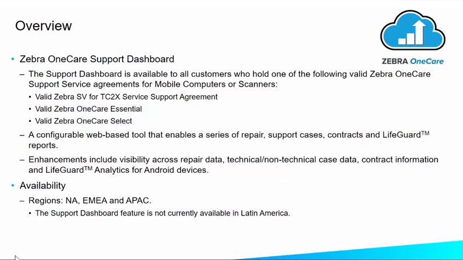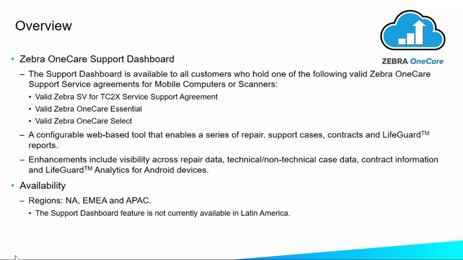So what is this? What is the Zebra OneCare Support Dashboard? This is a dashboard that's going to be available to all customers who have a Zebra OneCare contract, whether that's a special value contract, an essential contract, or a select contract. It will also be available to our partners who have customers that have any of those contracts.